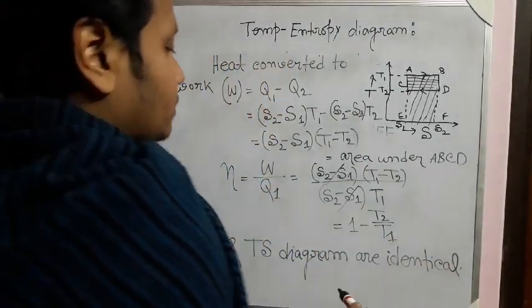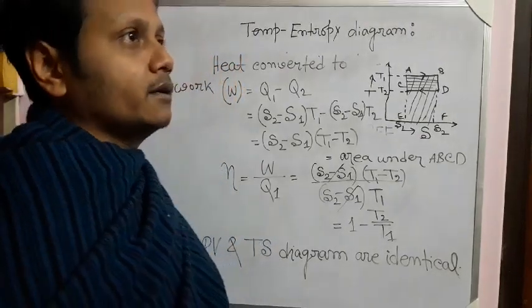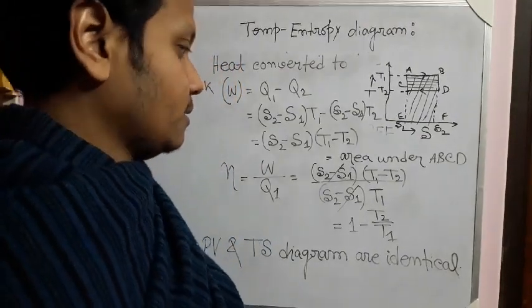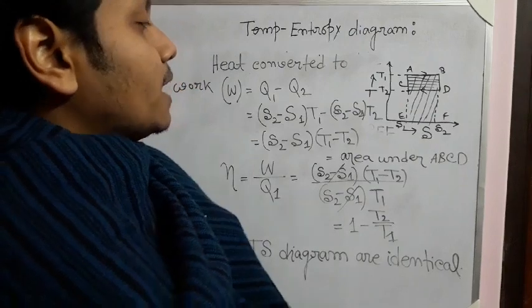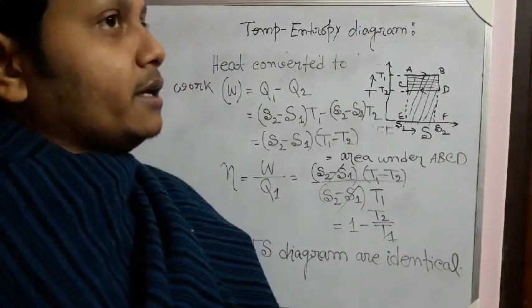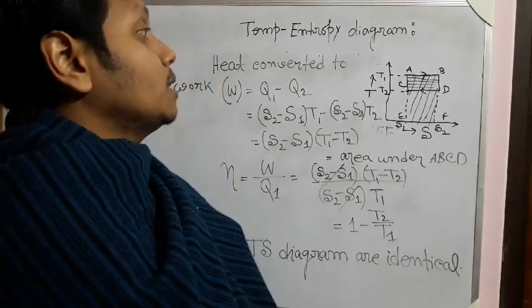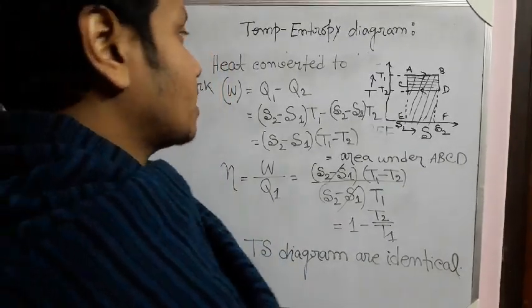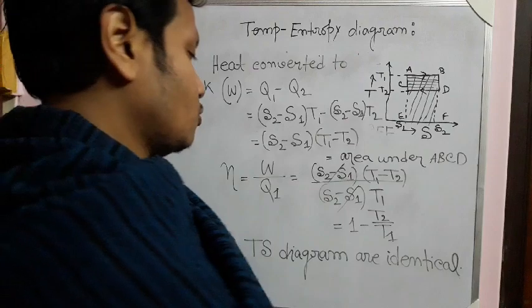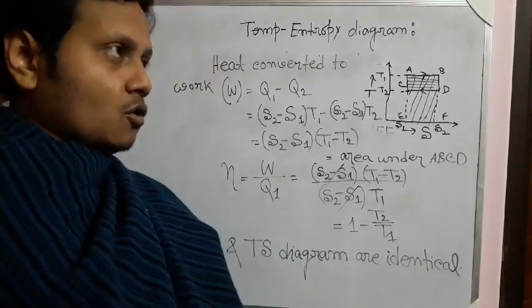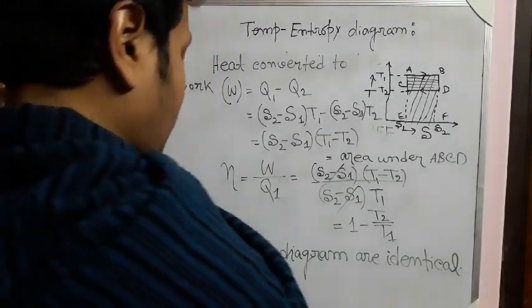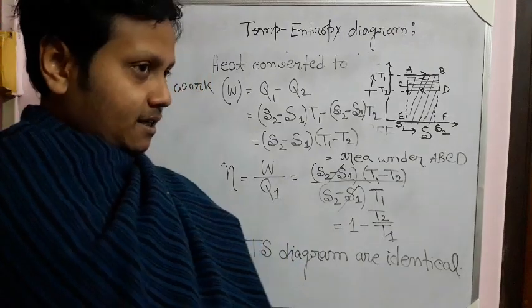So this is the case, and thus we see that if we find out the efficiency of a reversible Carnot engine by using temperature entropy diagram, then we get the same expression as obtained in PV diagram. So from which we can easily conclude that PV and TS diagram are identical.